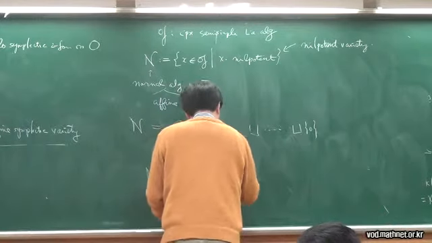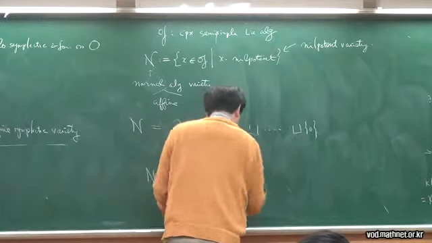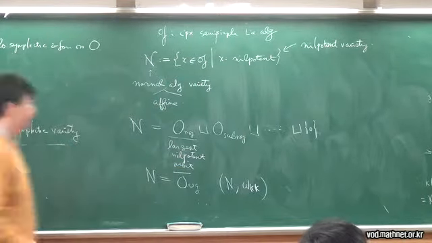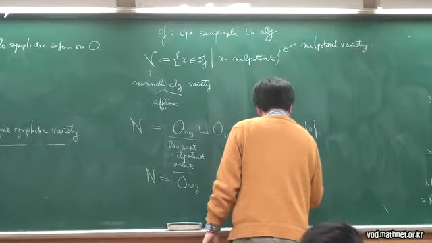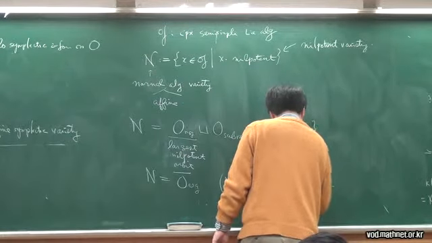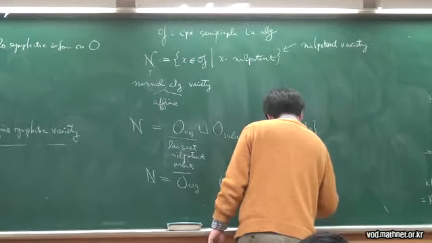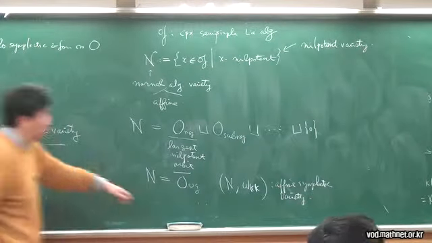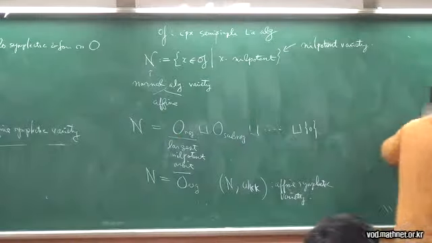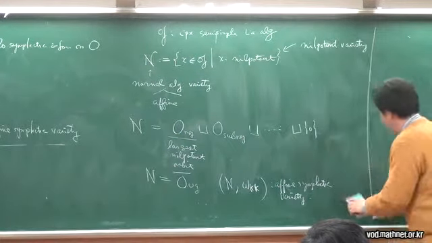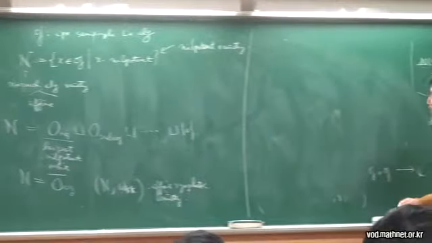So N together with the Kostant-Kirillov 2-form becomes an affine symplectic variety. This is the nilpotent variety. Okay, so of course there are lots of examples of affine symplectic varieties.